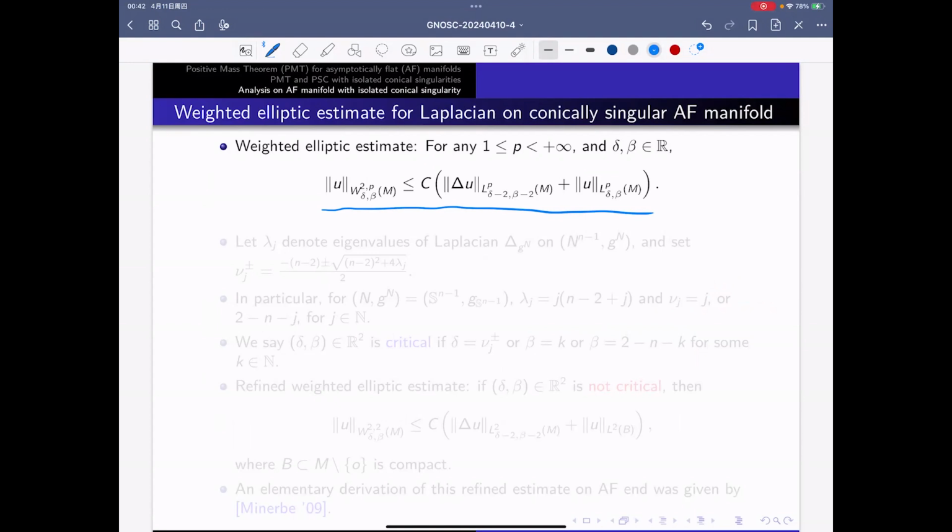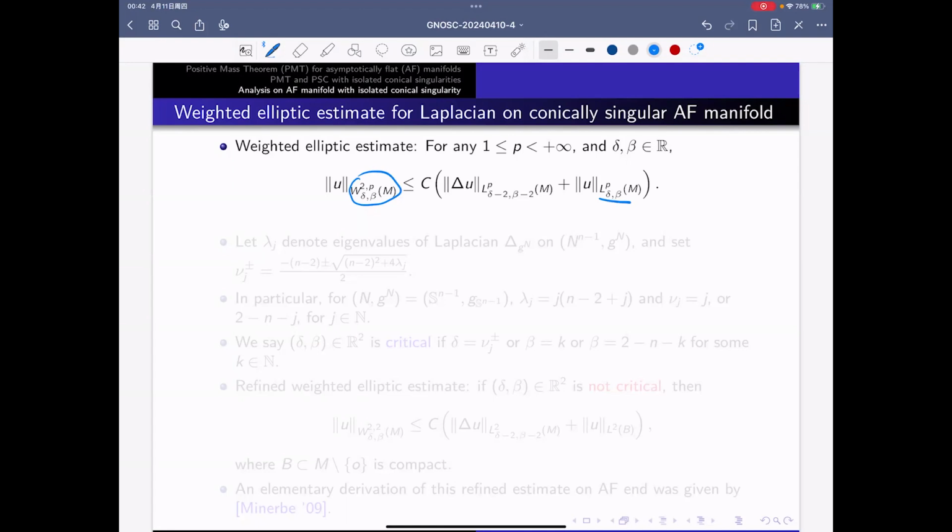It's very standard, but this kind of weighted elliptic estimate is not very useful in solving the equation, because from this we cannot get a Fredholm property or other nice properties for the operator, because this space is not compactly embedded into L^p_{delta,beta}.